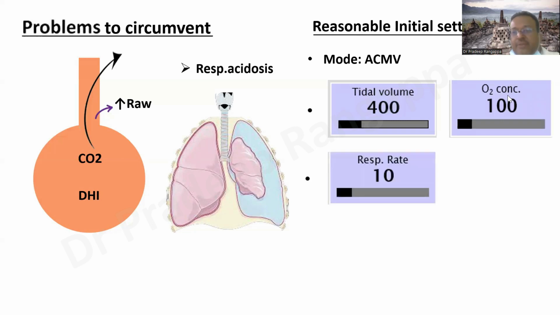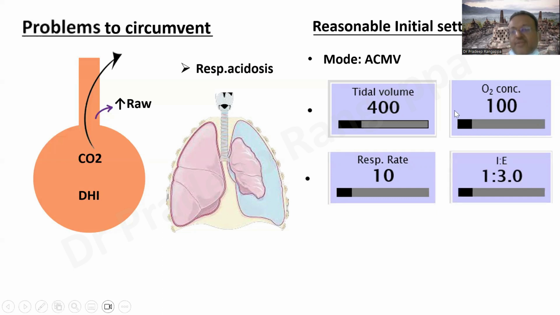And initially you can put them on 100%, and respiratory rate has to be kept at a lower respiratory rate, because many of the clinicians would think if CO2 is building up, we'll just increase the respiratory rate. Increase in the respiratory rate will worsen the dynamic hyperinflation, because we saw when you increase the respiratory rate, there's not enough time given for the carbon dioxide to come out, because tachypnea is not good. You have to reduce the respiratory rate.